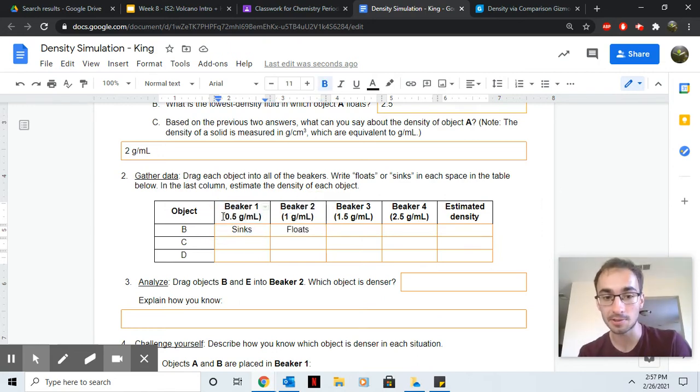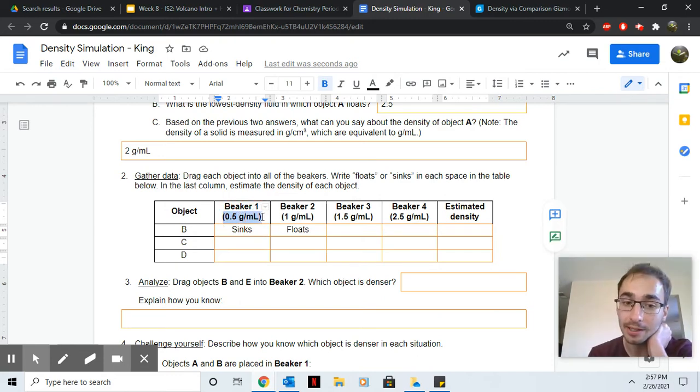Let's look at the numbers. So I know that B sinks in 0.5 density water or liquid, but it floats in 1. So my density, I should know, sinking means it's more dense. So it's more than 0.5, but I know it floats in 1, so I know that it's less than 1.